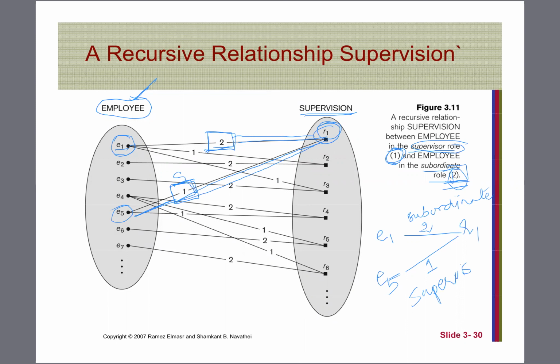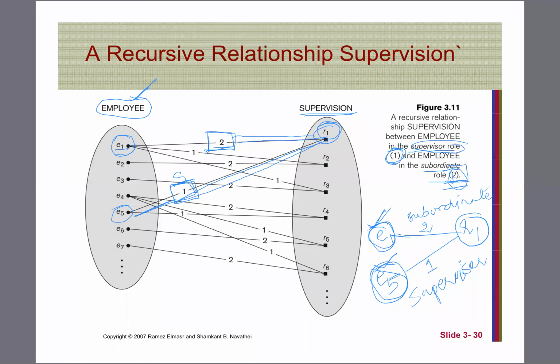So both E1 and E5 are participating in relation R1 with two different roles. They are both from the same entity. That is why this is a recursive relationship. That means it is calling the values from the same entity set, that is the employee entity. Okay, so this is what it is.